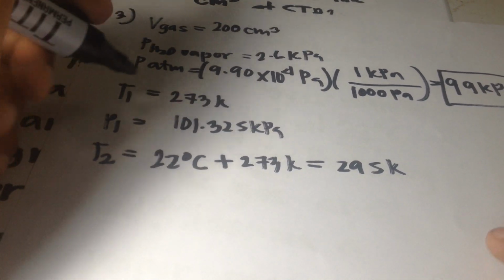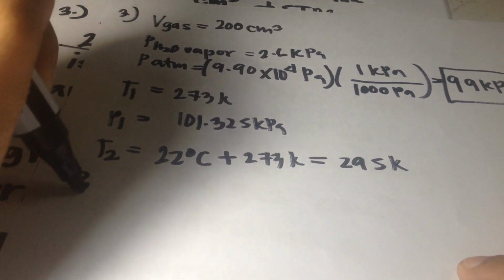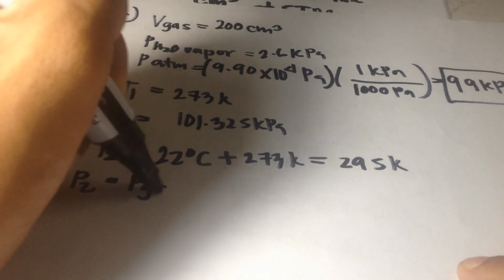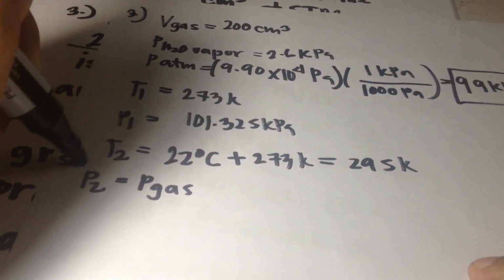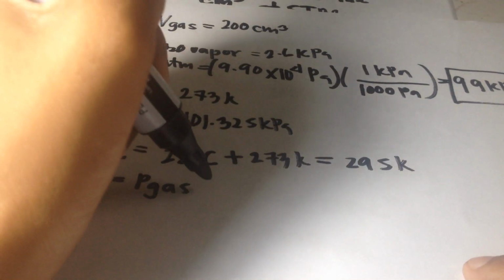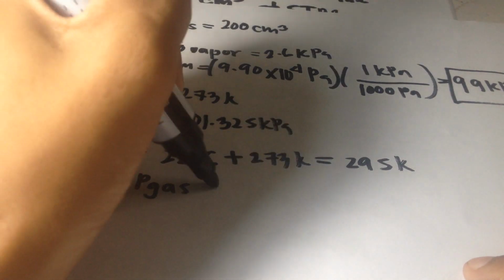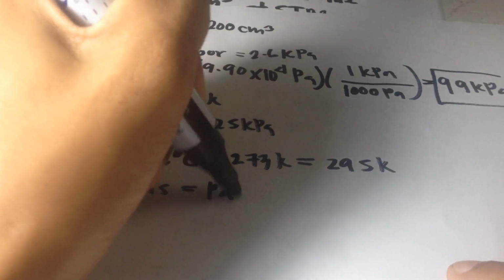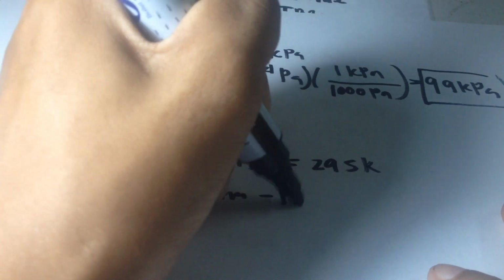So we need to solve for pressure 2 again. Pressure 2 is equal to P gas. P gas is equal to PATM minus P water vapor.